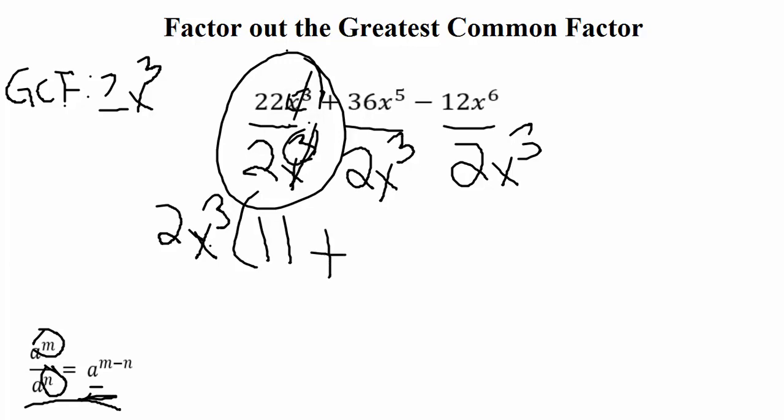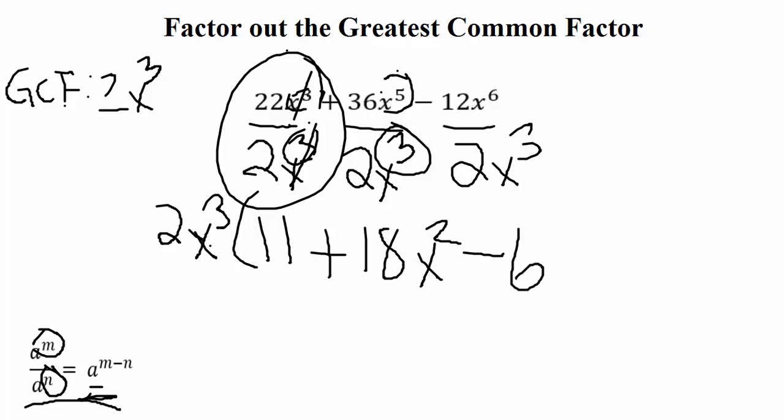Drop down your plus sign and continue. 36 divided by 2 is 18. Using our quotient rule, we have 5 minus 3 to give us x squared. Drop down the minus sign and do 12 divided by 2, which is 6. Using the quotient rule gives us 6 minus 3, which leaves us with x cubed.